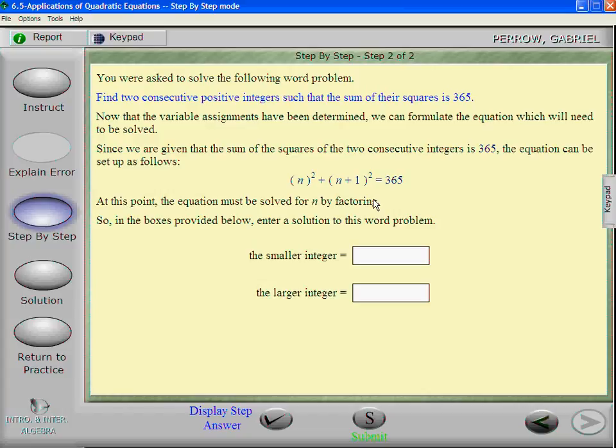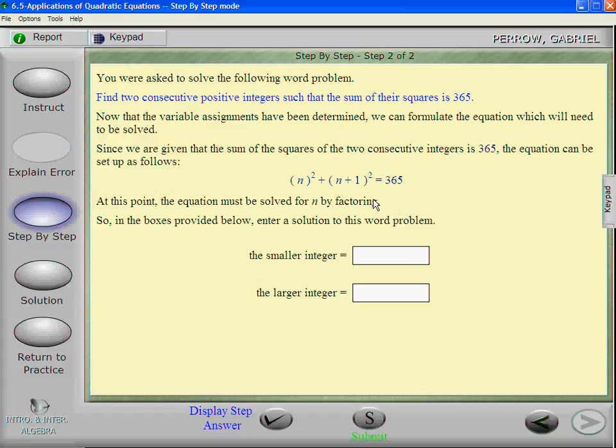So this is definitely another example where 182 is a pretty big number. I'm trying to get two numbers that multiply to give me negative 182 and add up to 1. So this little trick of taking the square root of 182 and seeing what we get is going to get us pretty close to what we want.